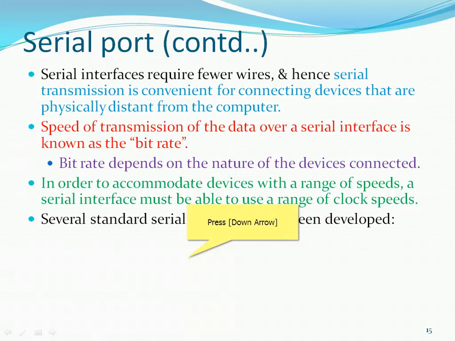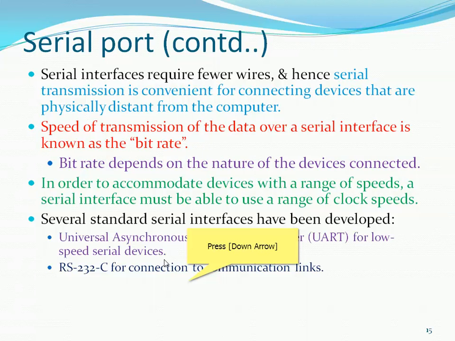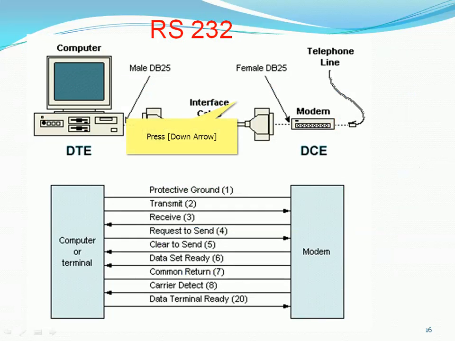Several standard serial interfaces have been developed. Maybe RS-232 from IEEE, or UART, the universal asynchronous receiver transmitter, for low speed serial devices. This low speed we can achieve with the help of RS-232C, with which most internet connection communication links will be established.